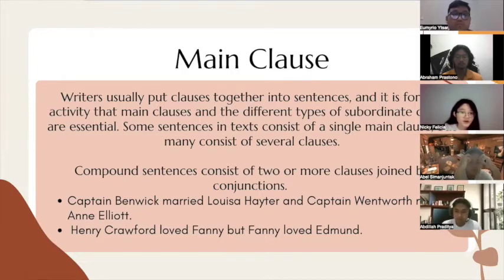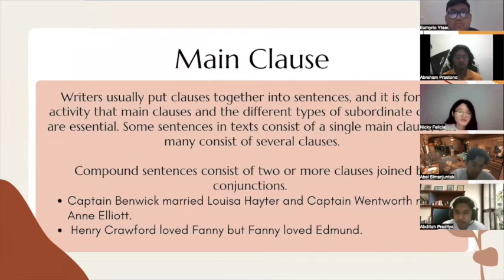And there are compound sentences consisting of two or more clauses joined by conjunction. The example is Captain Benwick married Louisa Hayter and Captain Wentworth married Anne Elliot. The other example, Henry Crawford loved Fanny, but Fanny loved Edmund.